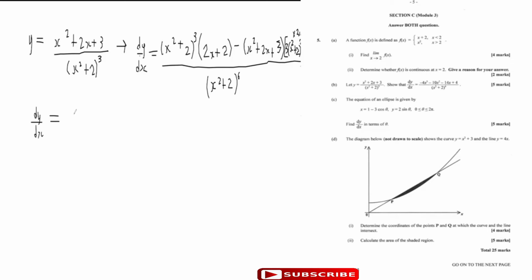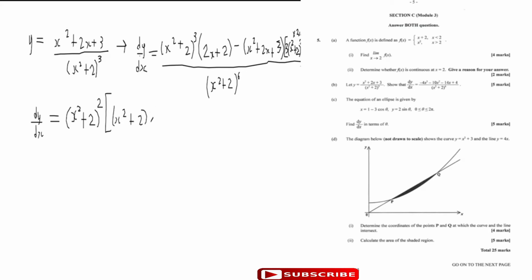So instead, I'm going to factor out x squared plus 2 squared. In here, I'm going to be left with an x squared plus 2.